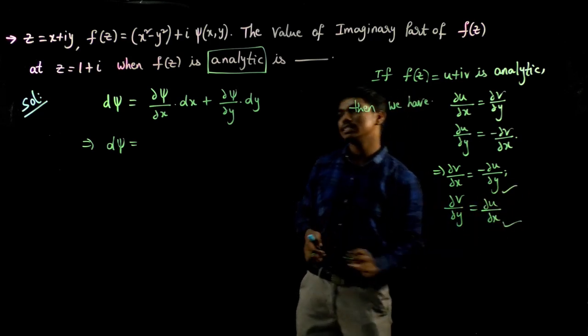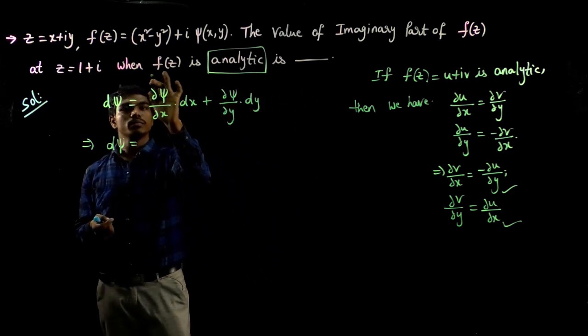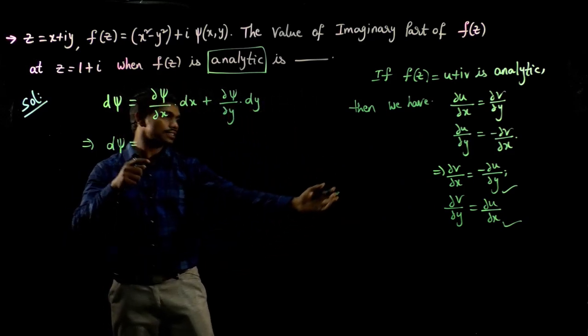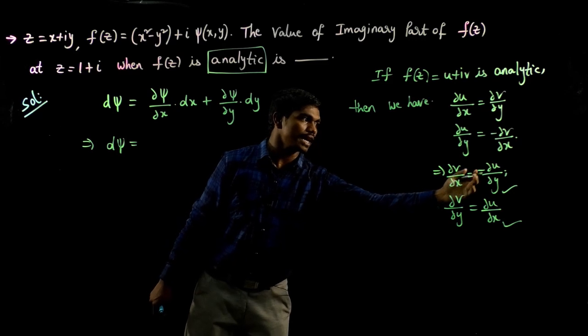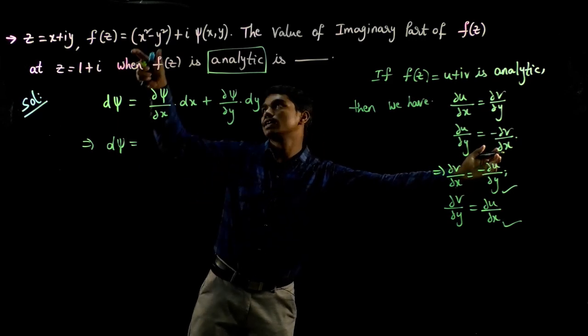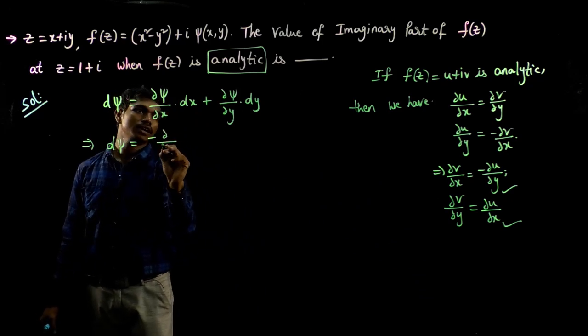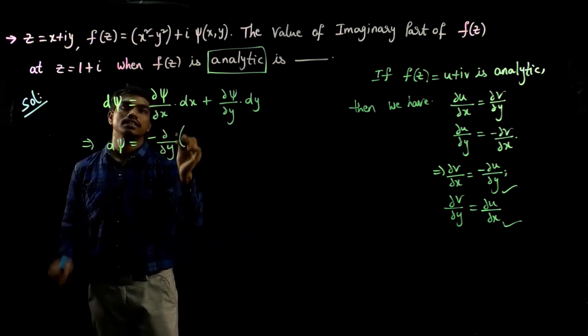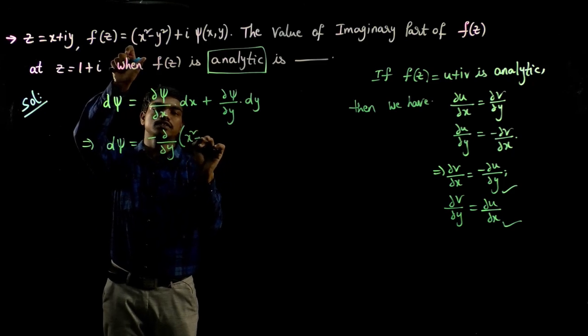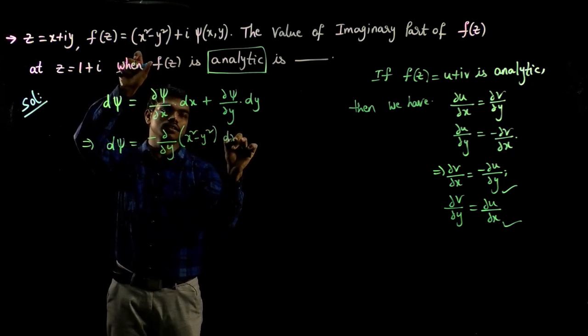Correct? So similarly in this case, when I don't have information about dou psi by dou x, I can substitute dou psi by dou x as minus dou of this function divided by dou y. So minus dou by dou y of this particular function x square minus y square dx, correct?